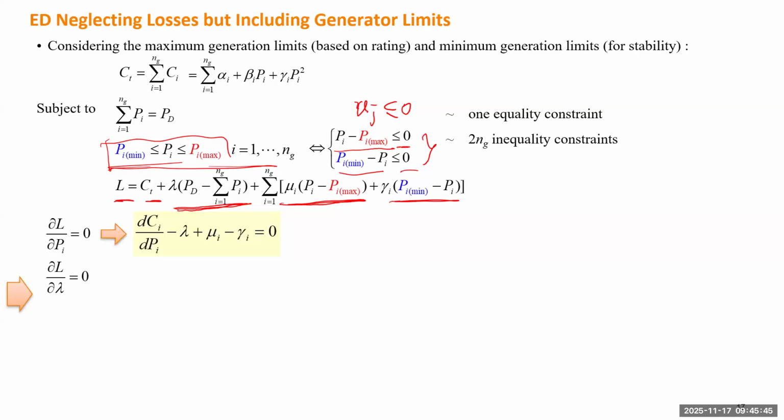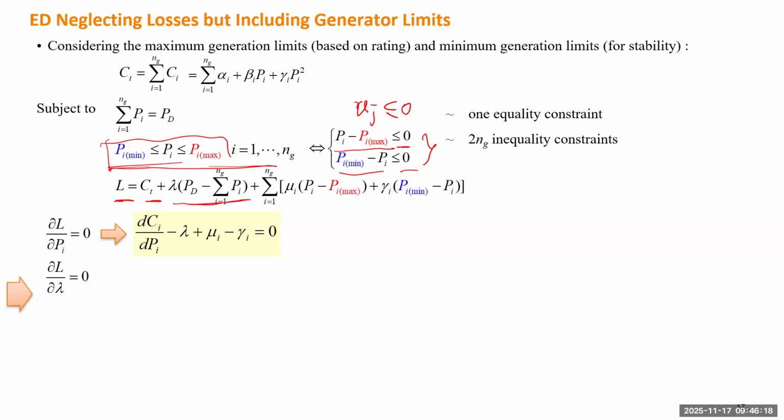Partial L, partial P means you directly calculate the partial derivative of L with respect to P, and this is equal to just dC by dP. And because in this L function we only keep the items related to Pi, let's check which ones are related to Pi.